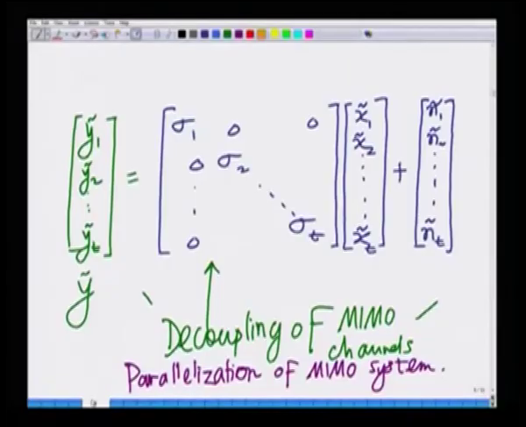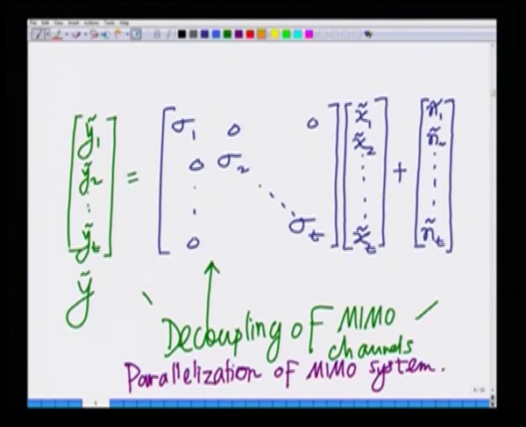In the last lecture, we employed the concept of the singular value decomposition of a MIMO channel and reduced it to a decoupled MIMO wireless channel as y tilde equals the diagonal matrix sigma times x tilde plus n tilde, where this is arrived at by multiplying y with U Hermitian and pre-coding the transmit vector x as x equal to V times x tilde.